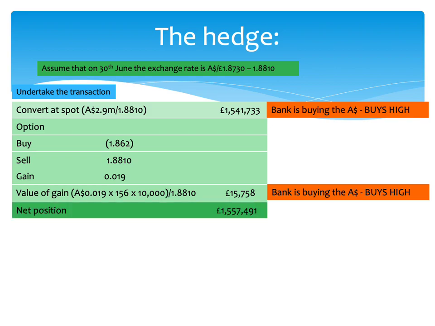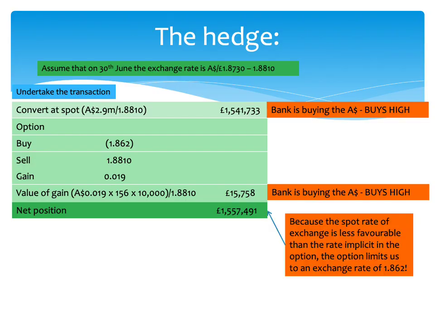So to there, our net position is 1,557,491. Now, is that good, bad? What does that actually mean? Well, essentially what we've done is quite clever to that point. You'll notice that, like we said, the spot rate of exchange is less favourable than the rate that is implicit in the option.